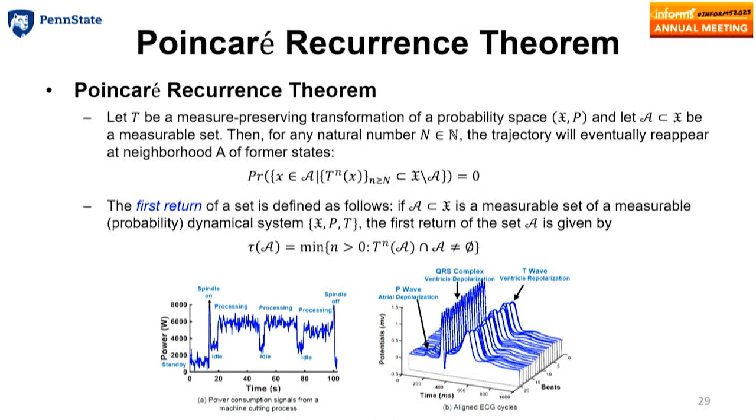And recurrence behaviors are very common in our nature. For example, in manufacturing, we have power consumption signals. We see some recurrent behaviors when we process the workpieces. And also we can see the human heartbeat, one beat, next beat. There are recurrences.